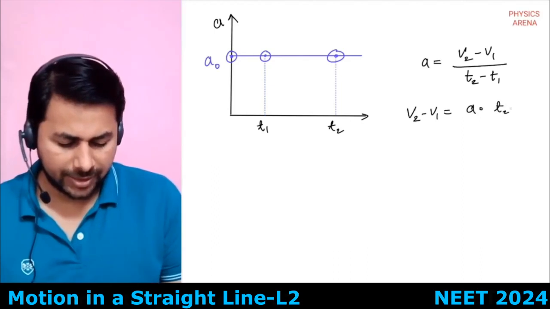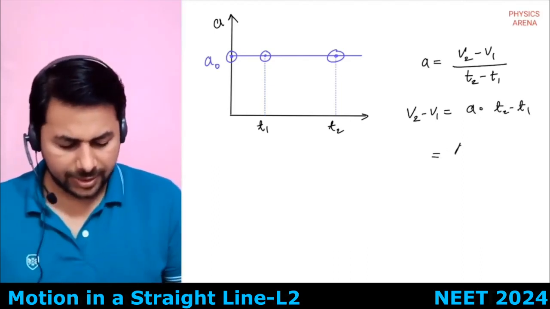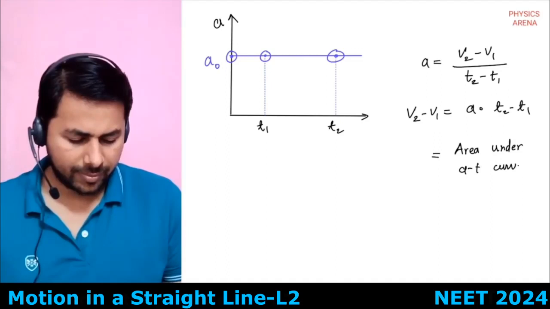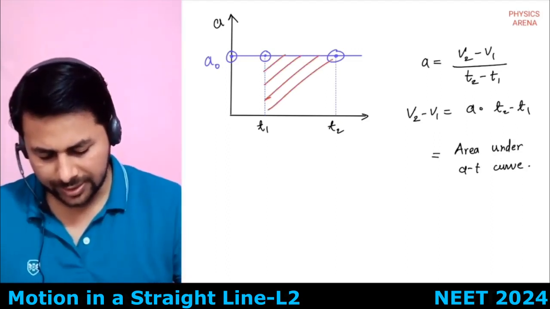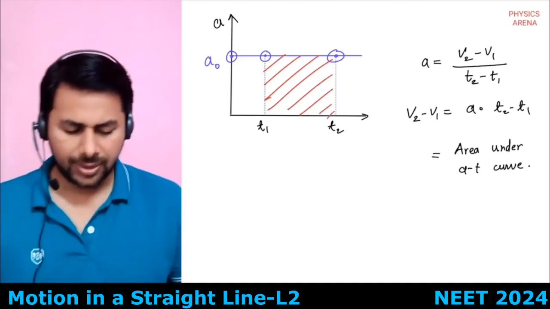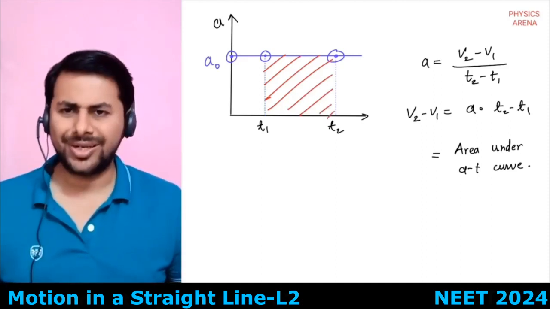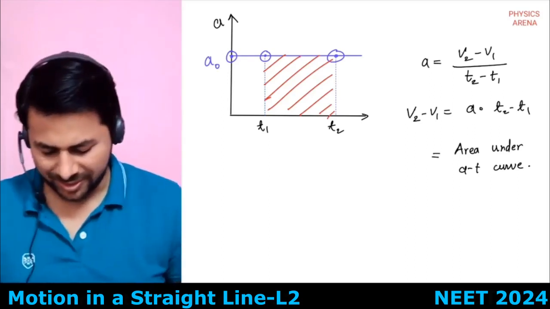A times t2 minus t1. That is the area under the curve. So the area under the acceleration versus time graph gives you the change in velocity.